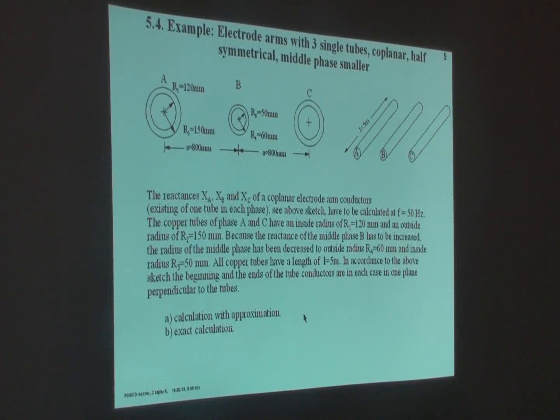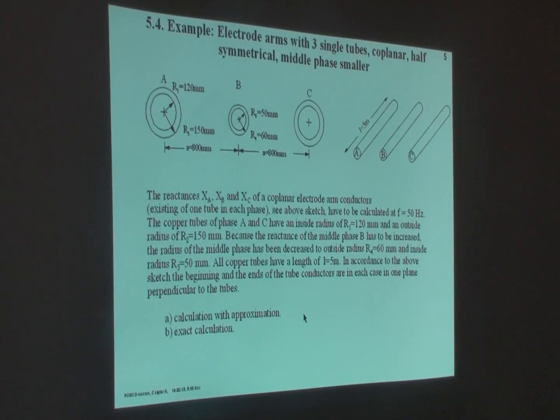And what is the same? GAA, GCC, GBB? No, it's different. Yes. GAB is GBC, and GAC is always the same, because the center of the conductor is the same. Then you don't have to do anything.